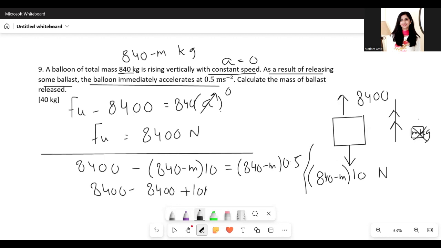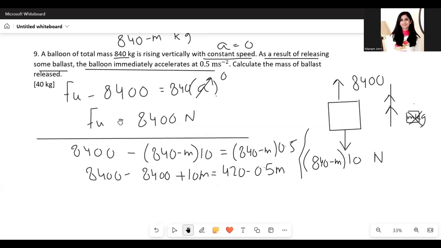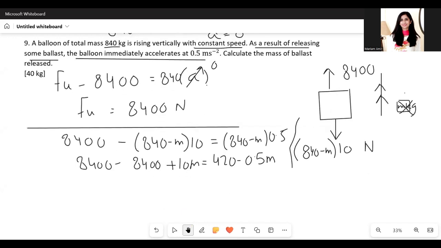This will become plus 10m is equal to 420 minus 0.5m. This gets cancelled.